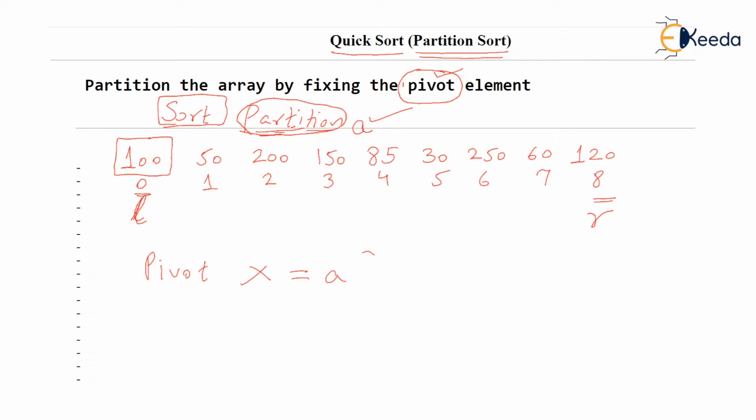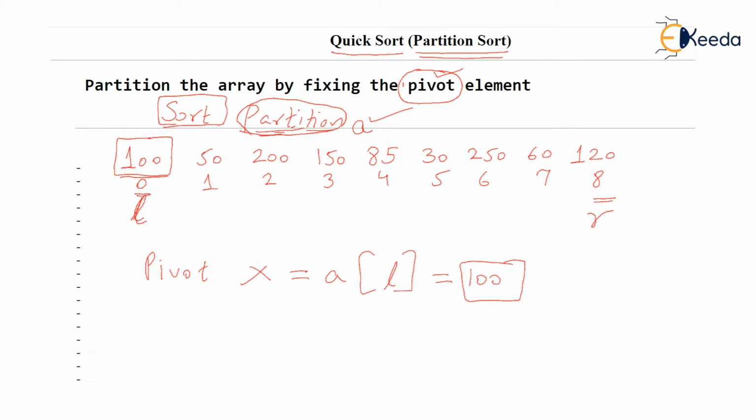That is A of 0, that's 100. This is our pivot, and we would like to fix this 100 in the array such that everything to the left of the pivot will be less than or equal to the value of the pivot, and everything to the right of the pivot will be greater than the value of the pivot, isn't it? So where should this 100 get fixed?